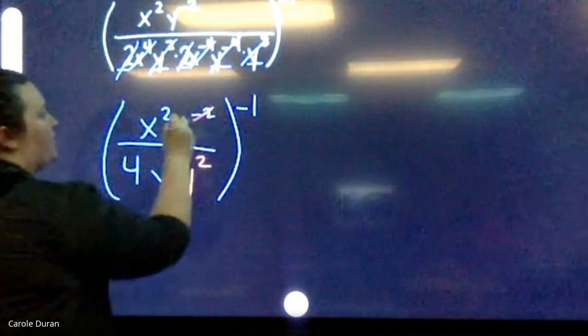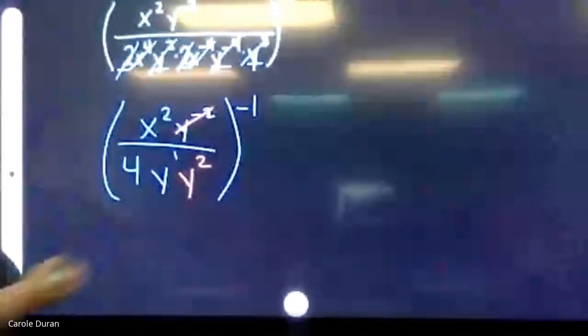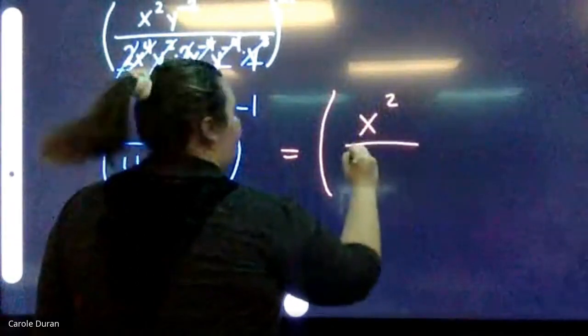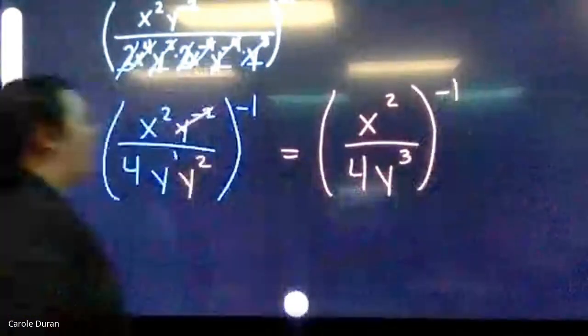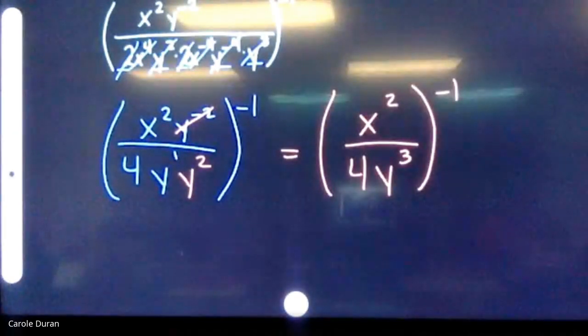And when it crosses the fraction bar, the -2 turns into a +2. Which means that, again, I can put those y's together. And this becomes x squared over 4y cubed, right? Because 1 plus 2 becomes 3. And then all of that is now raised to the -1 power. Are we all okay so far?